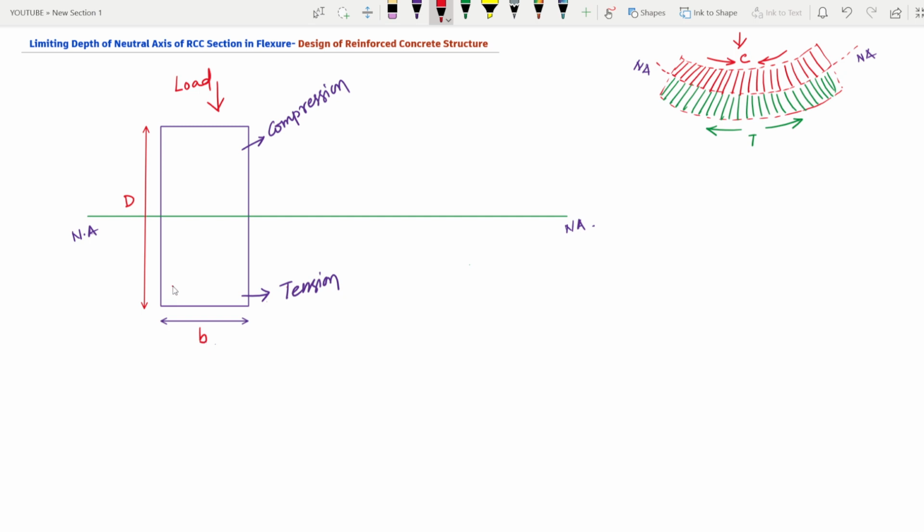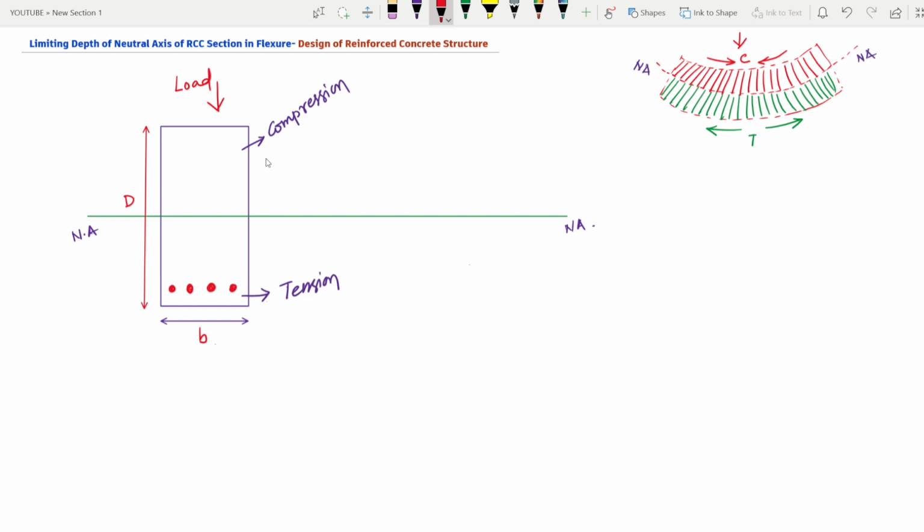So we will be providing some reinforcement bars here. Though 10% of the compressive strength of the concrete can be considered as its tensile strength, here the assumption is that the whole tension will be taken by the steel itself.